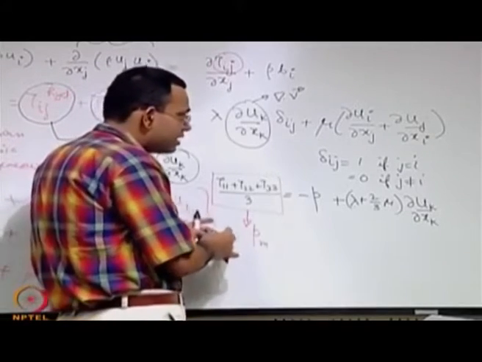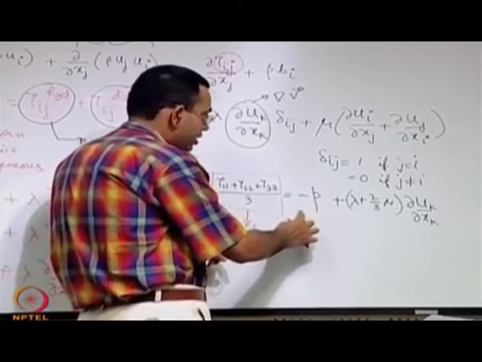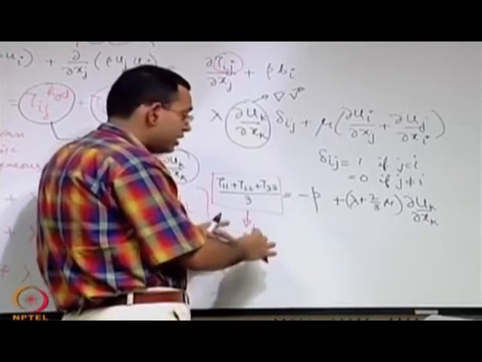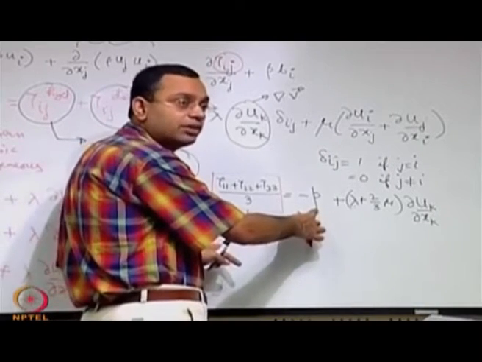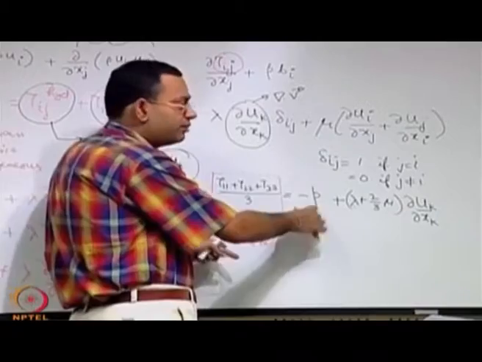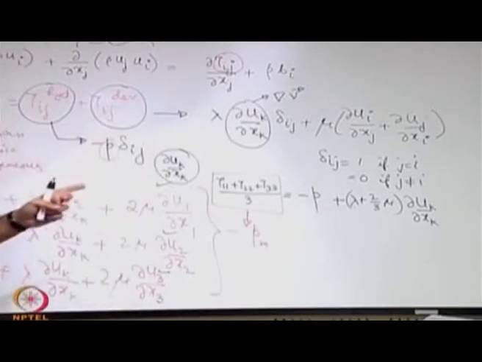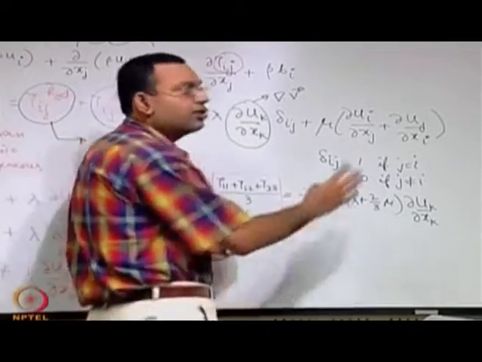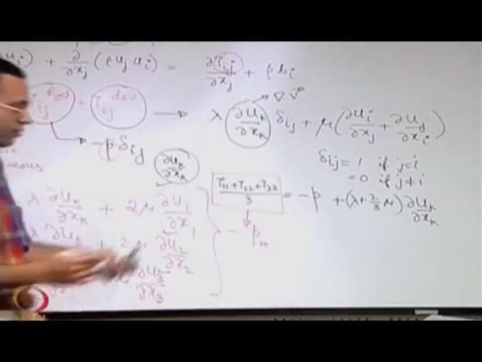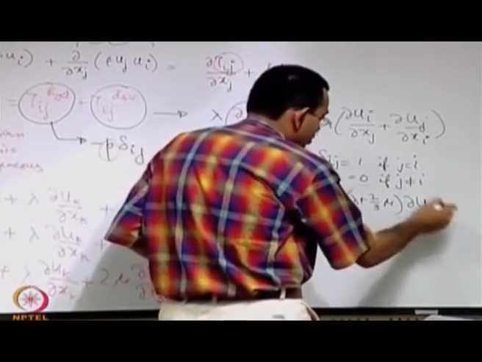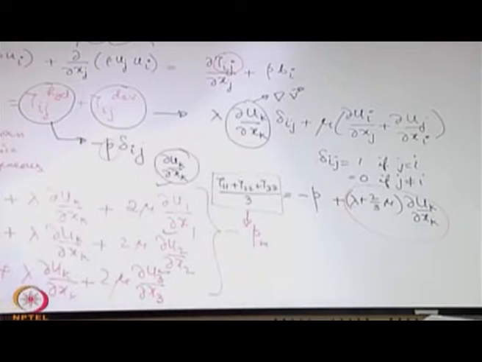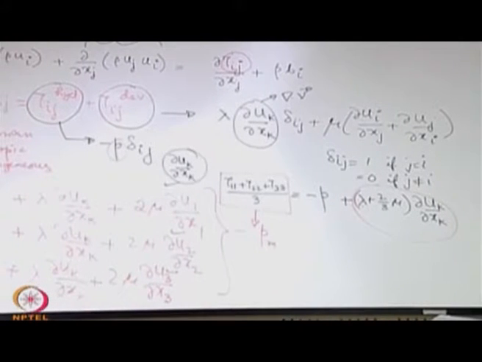So you can clearly see that we have a relationship that relates the mechanical pressure with the thermodynamic pressure, and the first and foremost observation is that in general they are not equal, because you have a correction term here. The question will be when they are equal, when they are not equal, and what is the consequence of that equality or inequality.